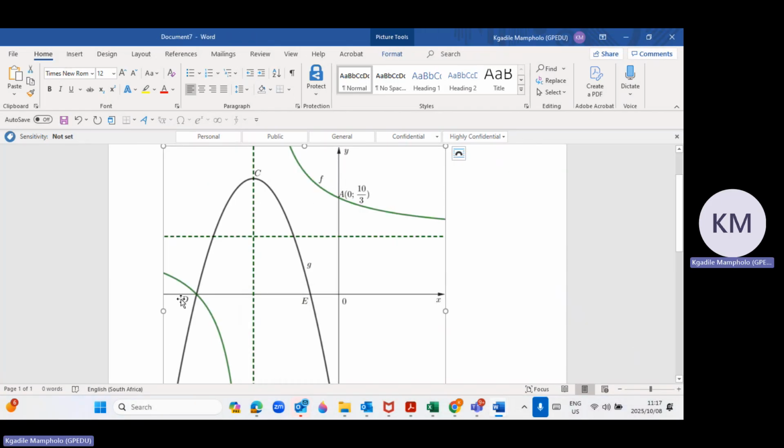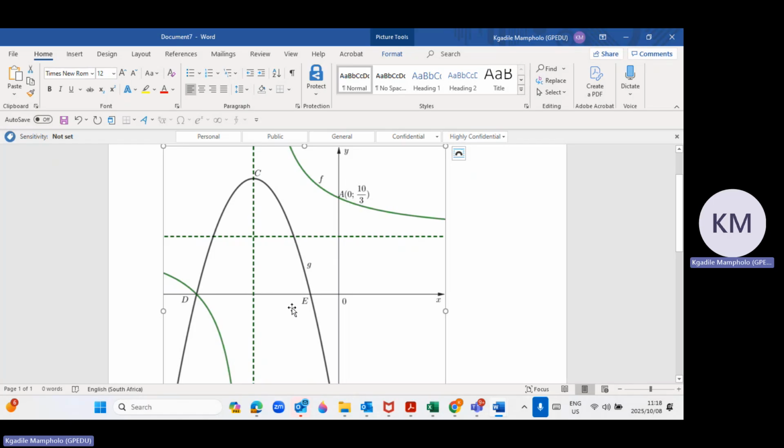For this parabola, you only know the line of symmetry, or the axis of symmetry. Remember, the axis of symmetry cuts the graph into two equal parts. But we know that here, the value of x is minus 3.